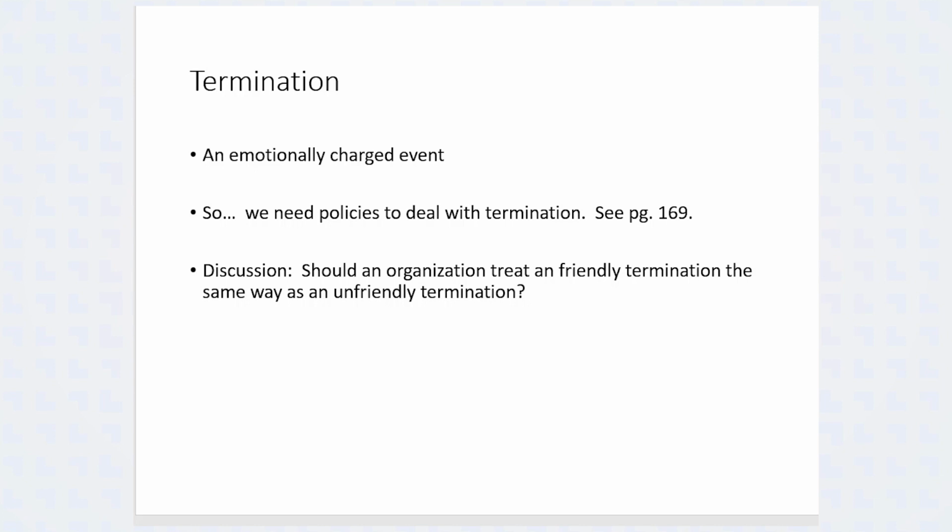Is that any different? How are you going to treat those differently? Is the policy going to treat those things differently? I'm going to suggest that it's not. It's not going to be any different from an IT perspective as to whether or not the termination is friendly or unfriendly. You've got to be able to cut off access in both situations efficiently, and make sure in both cases that information is not lost.